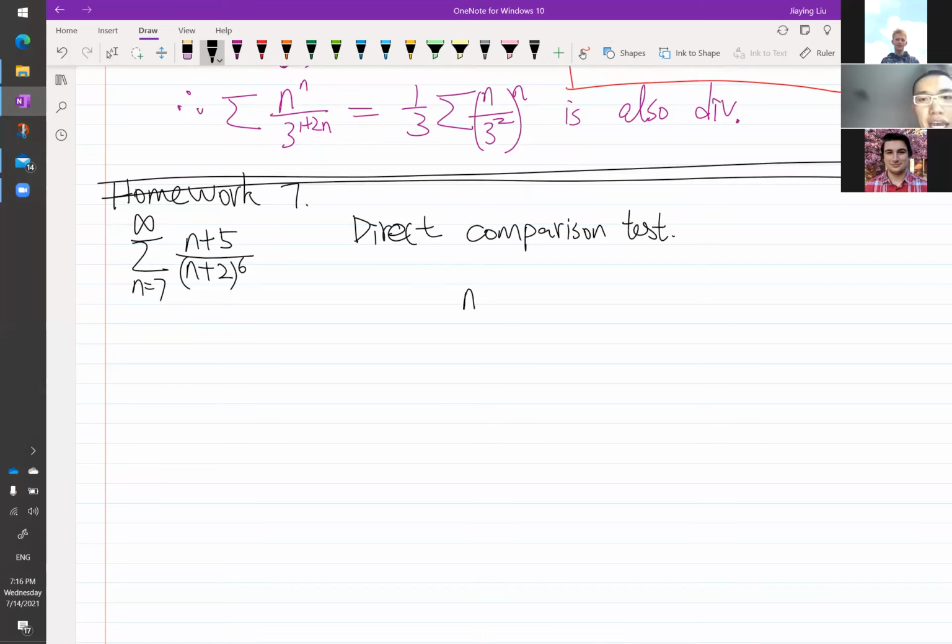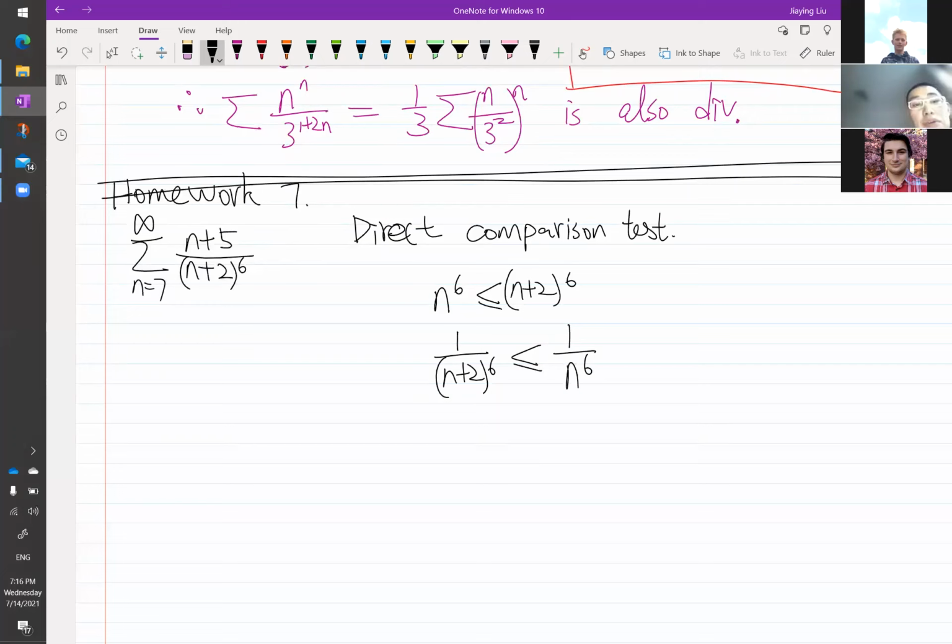The denominator has (n plus 2) to the 6th, right? I know that (n plus 2) to the 6th power is greater than or equal to n to the 6th power. You agree? Because if you add 2, then raise to the 6th power, you get bigger. But if it's in the denominator, that means 1 over (n plus 2) to the 6th is actually less than or equal to 1 over n to the 6th power.